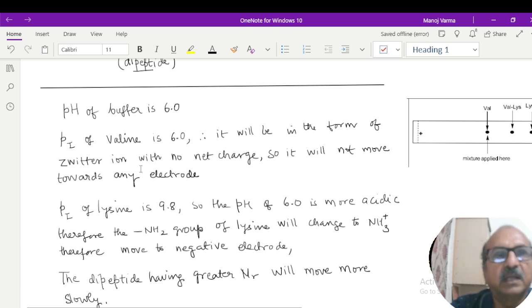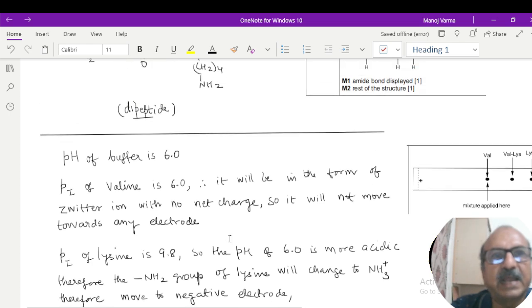Now, the pH of buffer is 6, whereas the isoelectric point of lysine is 9.8. So the pH of 6 is more acidic than the isoelectric point of lysine. It is more acidic.